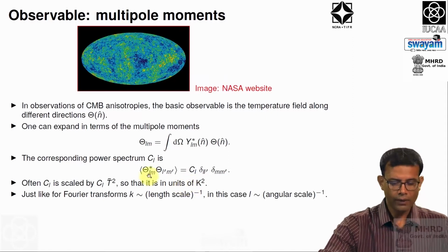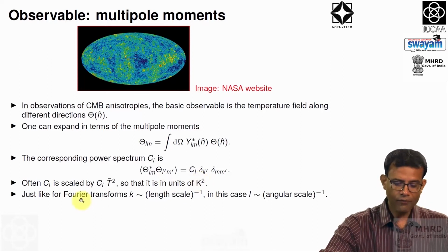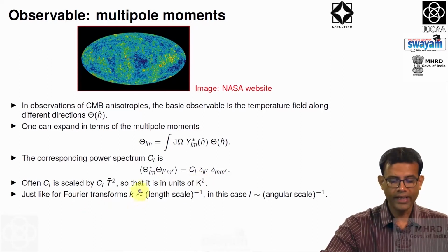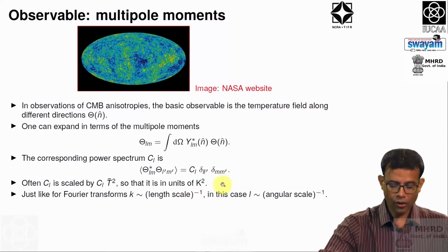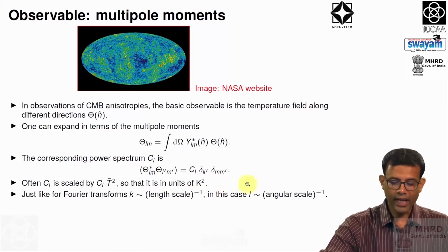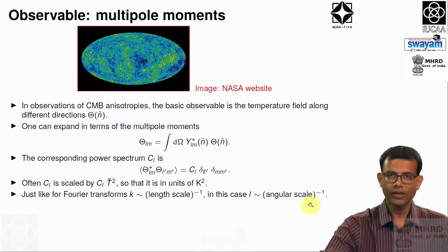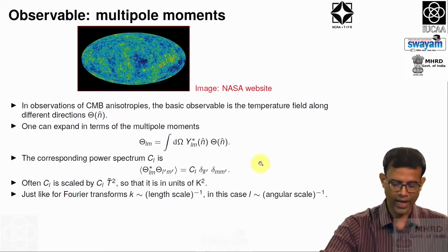Now, let us try to understand the significance of this L. Remember, for Fourier transform we saw that K is actually measuring the inverse of length scale. So, with the same analogy, L will be measuring the inverse of angular scales, the angles theta phi in the sky.